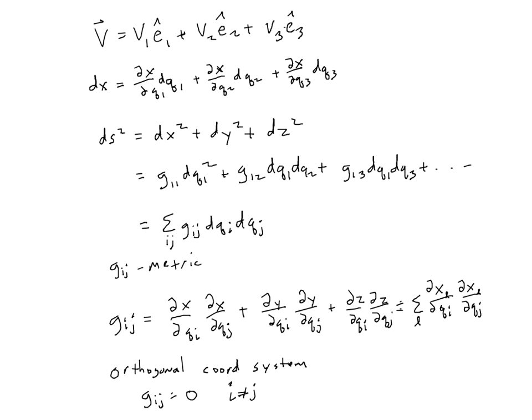In other words, you can write the metric like a matrix, and this means that it's going to be a diagonal matrix. But the basic idea is that the metric defines your coordinate system by relating it to the Cartesian coordinate system, or vice versa.